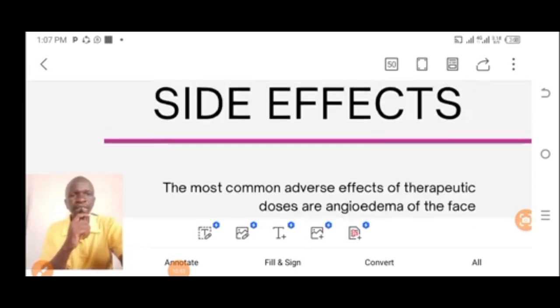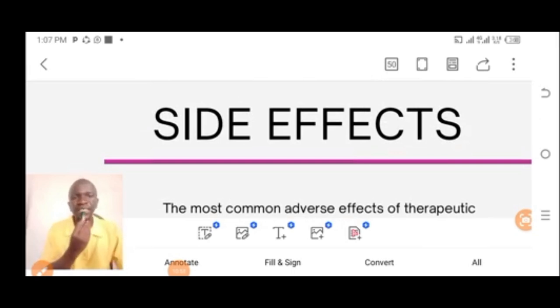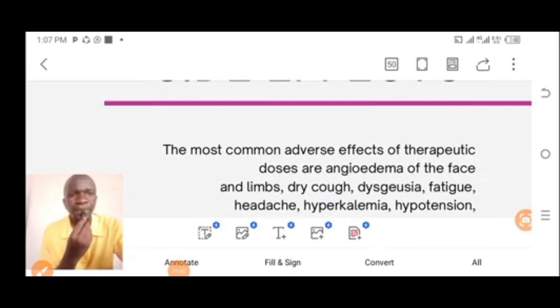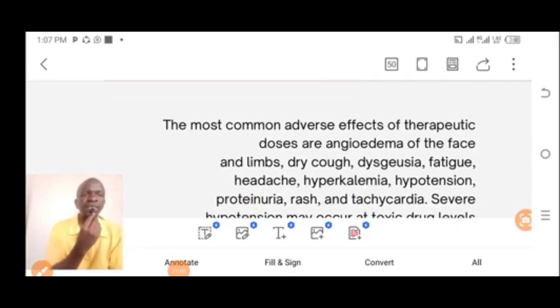And at times we find that drugs have side effects, unwanted effects. So the most common adverse effects of therapeutic doses are angioedema. We have angioedema of the face and the limbs, so you should be able to monitor this and see.